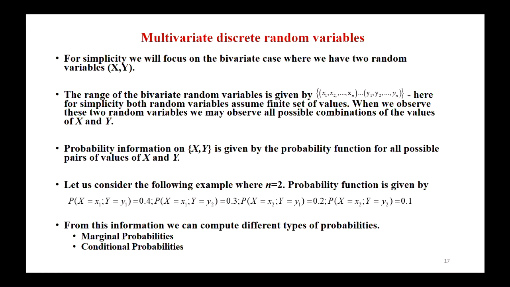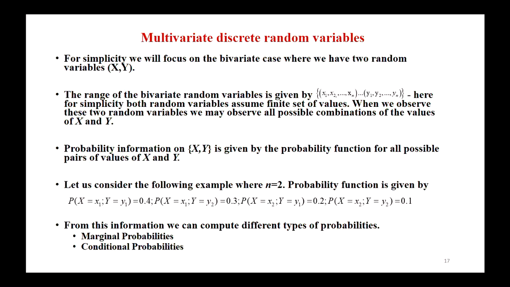That would be the range. The probability on the bivariate random variable x and y is given by the probability function for all possible pairs of values of x and y. That is, if we want to characterize the distribution of x and y entirely, all we have to do is attach a probability to each pair of values that it can take. If we do that, we know everything. So the probability function just attaches a probability to all possible values that x, y can take.